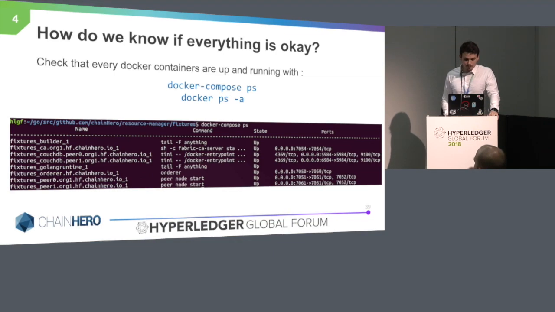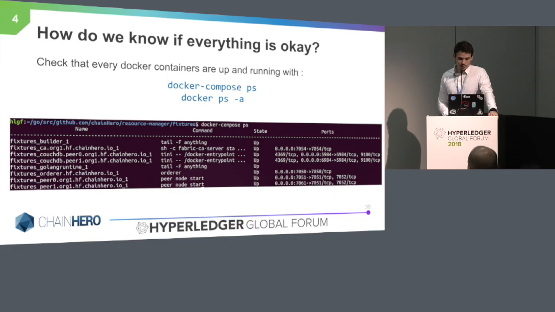Okay. How do we know if everything is okay? I hope you ran the make command you saw before. You can look at Docker Compose. You can look at the containers that are running on your machine.